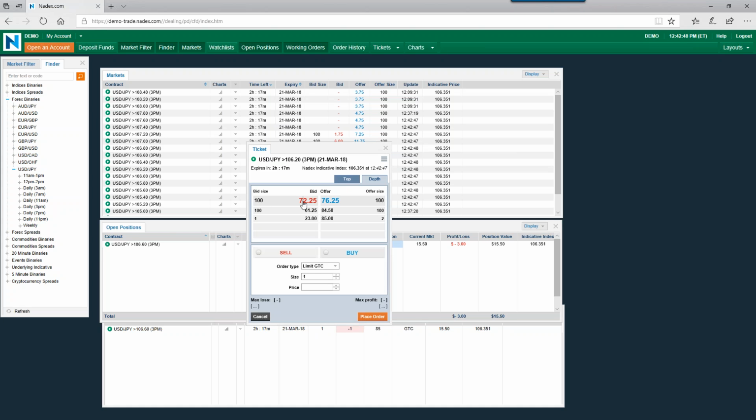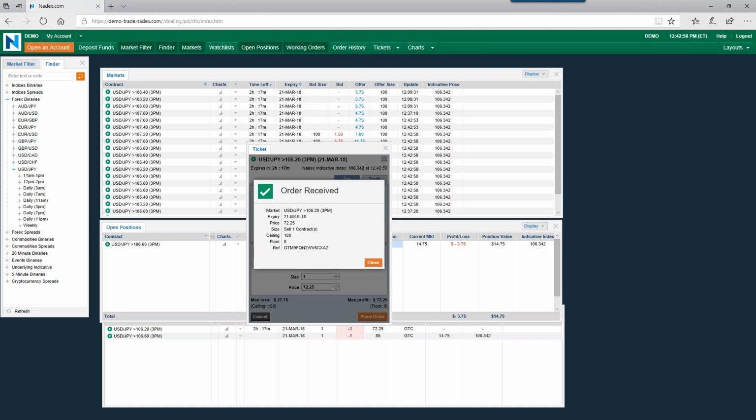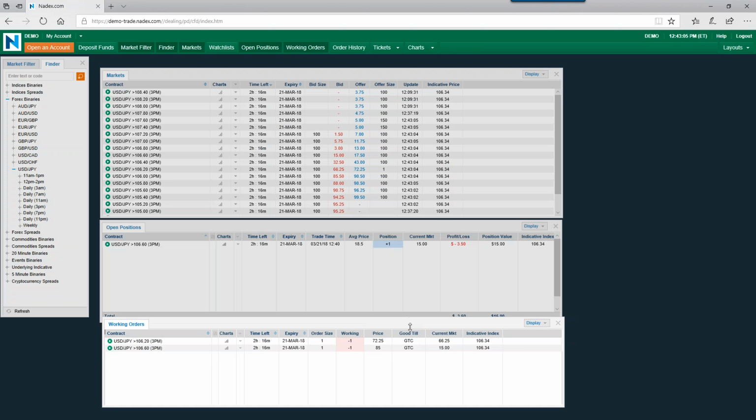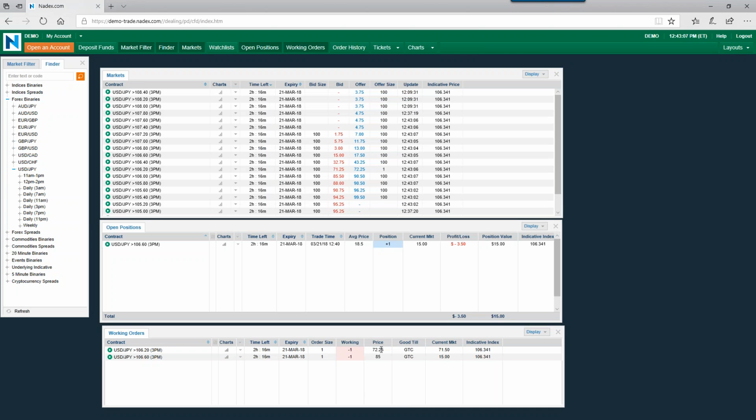That one only has about 27.75 in risk if I'm able to get in at 72.25. Now, if I place this order, you'll see it sitting here because price is not there yet, okay? Sometimes it might take a couple of minutes to fill this. Sometimes it won't be filled at all, okay? And that is because I use limit orders, okay?